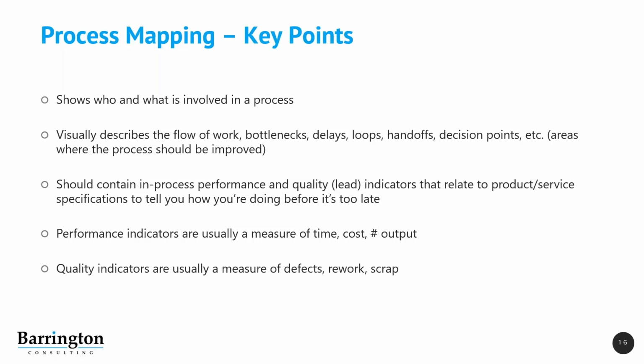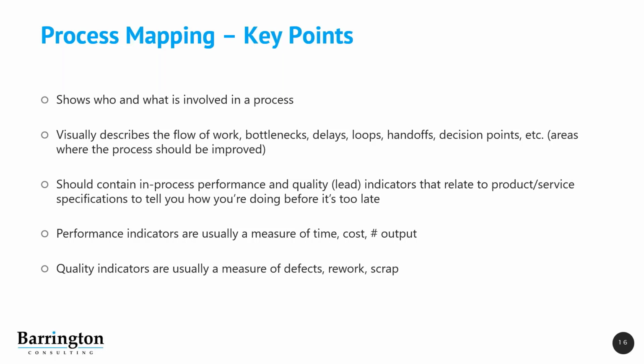The benefit, when done with a group, is that they can clearly see the process that exists and build it with you. It also clearly shows anytime there's a loop back, a bottleneck, multiple streams condensing down to one, or multiple decision points or levels of approval. That becomes very apparent when you look at a process map. So we like to keep this visual, as it makes these things pop out, which might otherwise be hidden in an SOP.